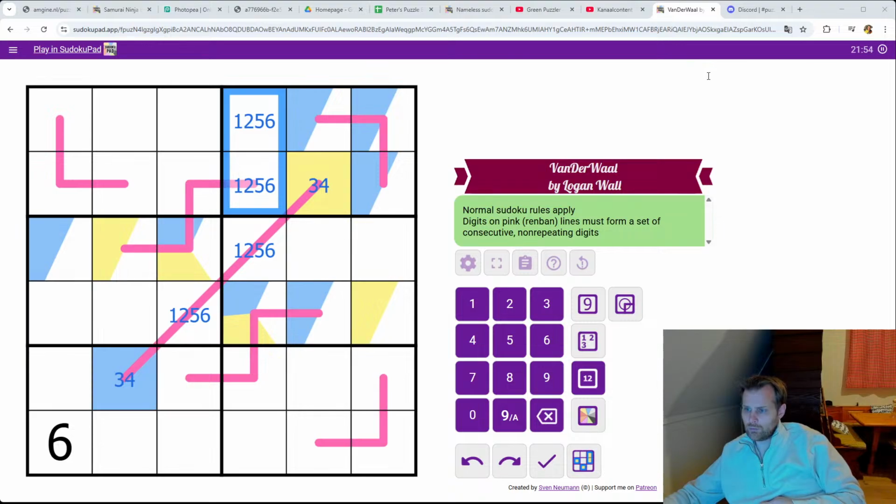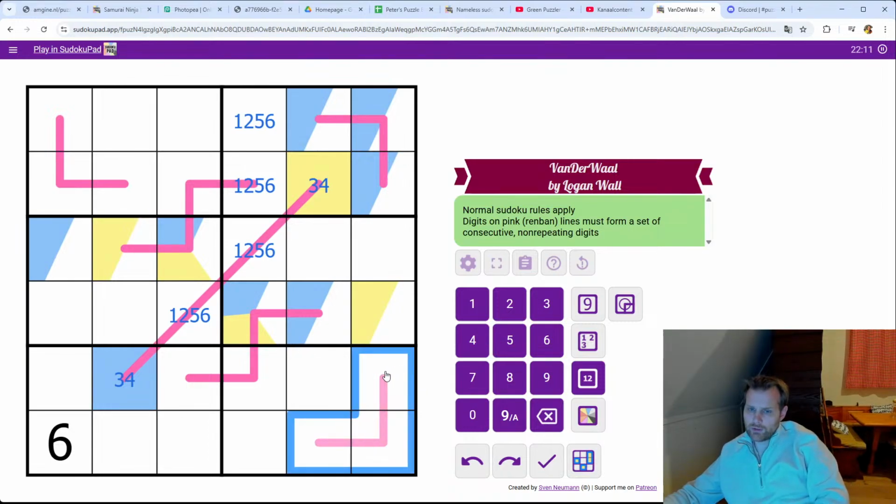You know 2, 3, 4s in column 4. Do I? One is in, okay. So one is in here. There must be one in here, and there must be one in here.